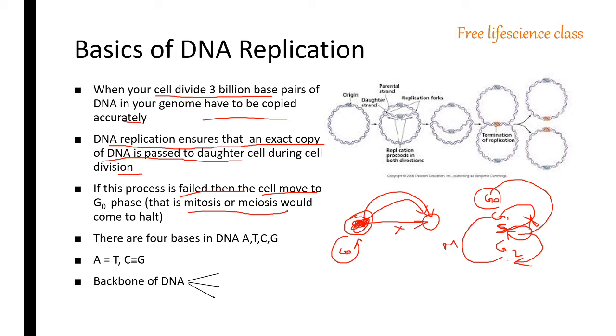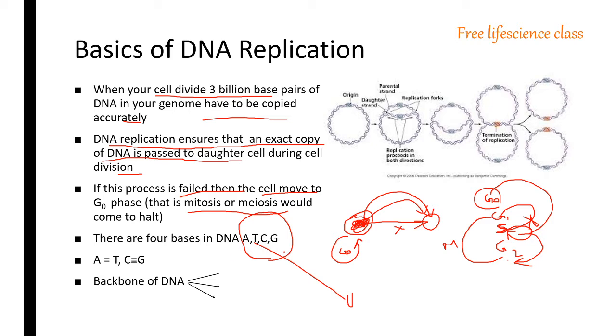Okay, now we can move into DNA. DNA consists of 4 bases: adenine, thymine, cytosine and guanine. If you are considering RNA, instead of thymine we have uracil. So the 4 different bases in DNA are adenine, thymine, cytosine and guanine.